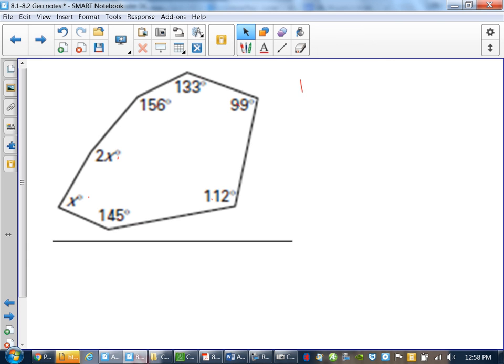So if you have 7, that means I take 7 minus 2. And what do you get?